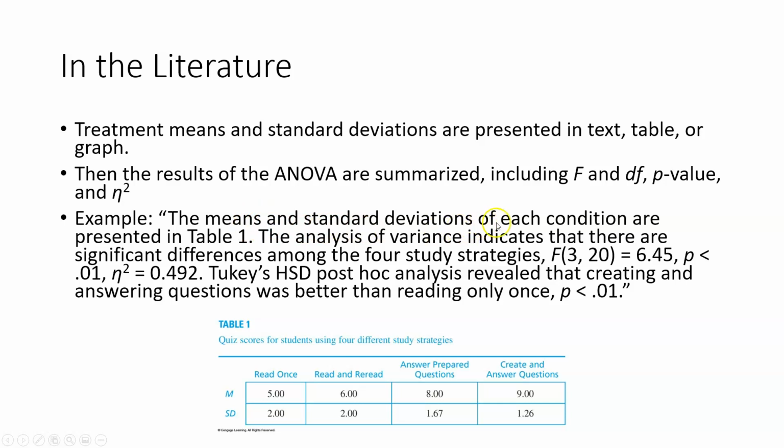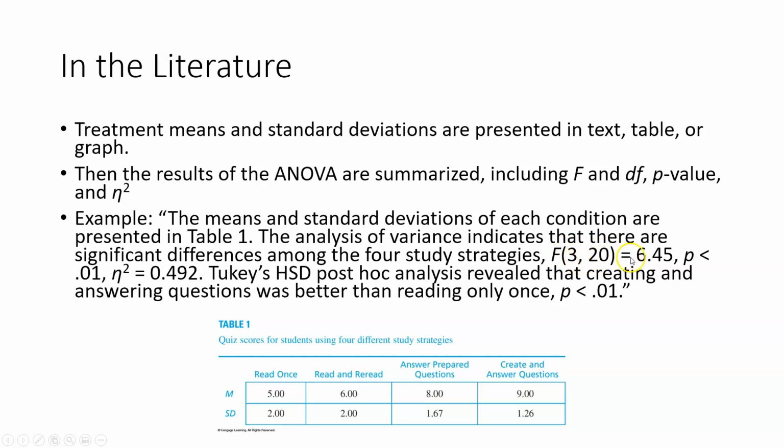The means and standard deviations of each condition are presented in Table 1, so you've referenced the table. The analysis of variance indicates that there are significant differences among the 4 study strategies. Then you put a comma. You italicize your F, and you put inside the F the degrees of freedom between and the degrees of freedom within.